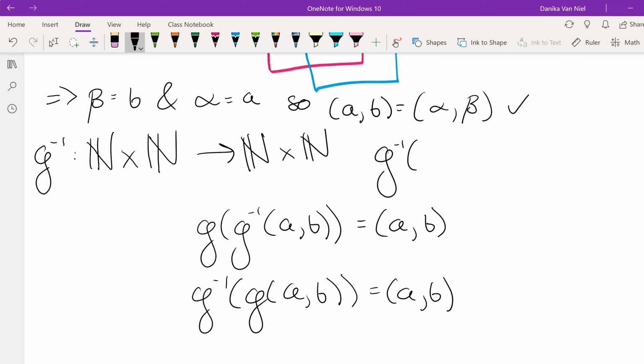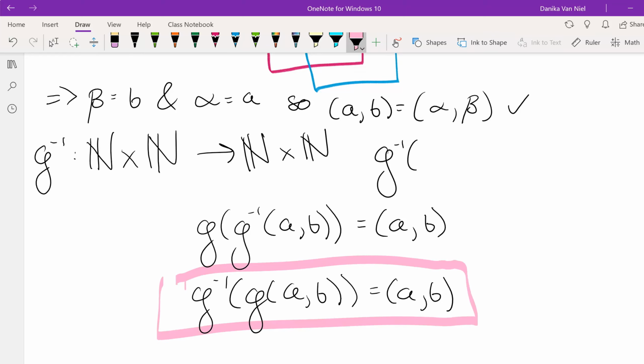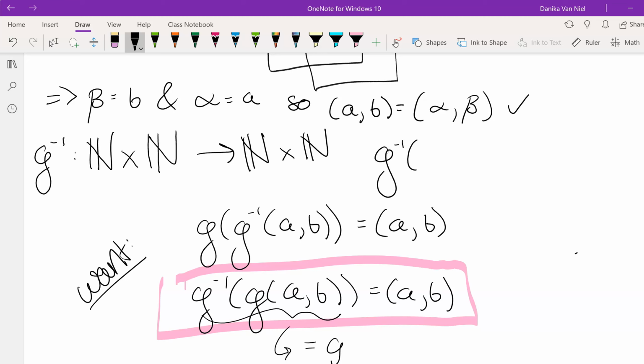But what does g do? I'm going to focus on this one for right now because I know what g does. Sorry, I should still label it even though it's just a sketch. This is what I want. I'm sketching right now. I know what g does, so this thing equals g inverse of (b, a), and then I want it to end up looking like (a, b).